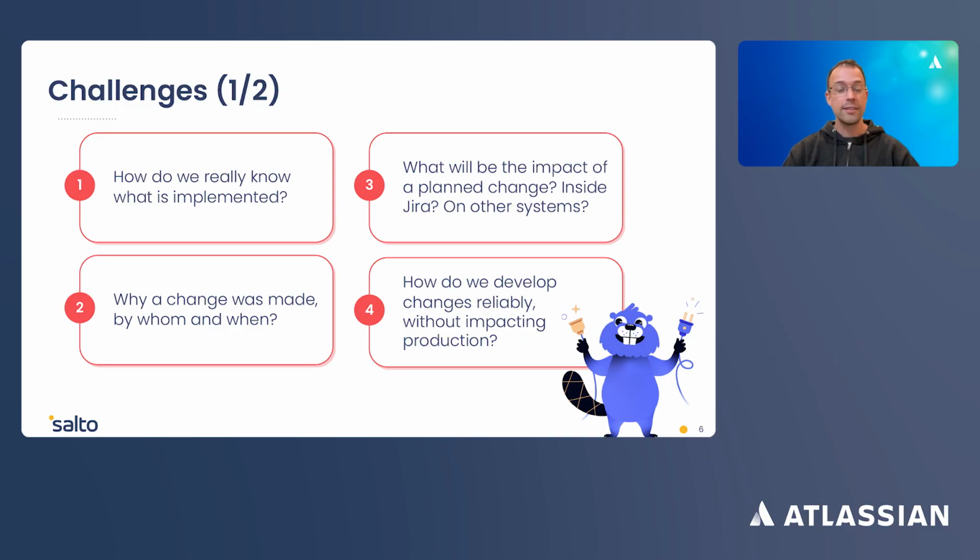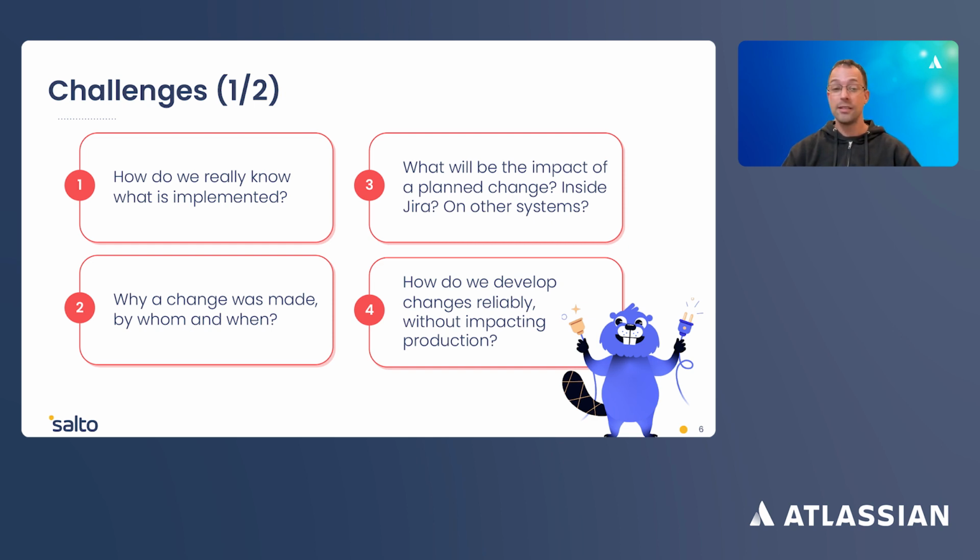Now, configuring and customizing these business applications at scale can become very challenging. Let's discuss just a few of those challenges to understand the depth of the problem that we're facing here. The first challenge can sound a little bit silly at the beginning, but it can actually be very hard to know what it is that you already have implemented in your Jira customization.